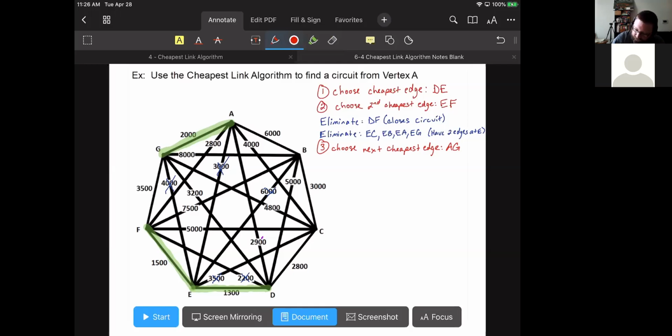Now that is not connected to the DEF piece, so there will be no eliminations. We just go on and pick the next cheapest edge.